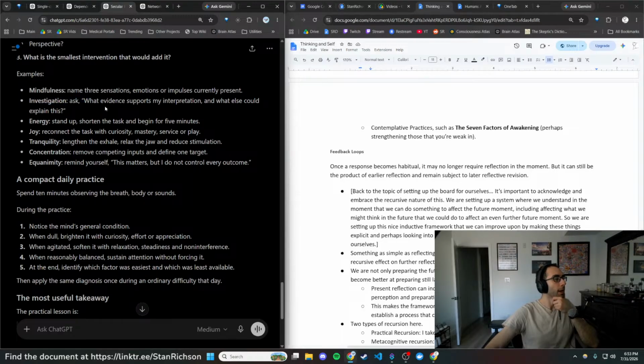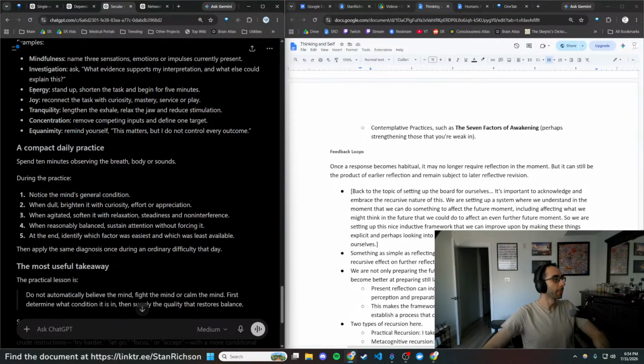So an investigation practice, are all these a potential example of how this would look? So what evidence supports my interpretation and what else could explain this? We got energy: stand up, shorten the task and begin for 5 minutes. Okay.